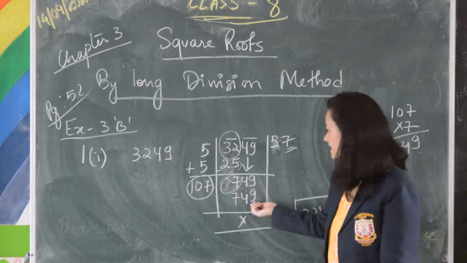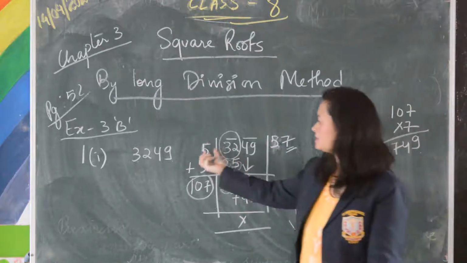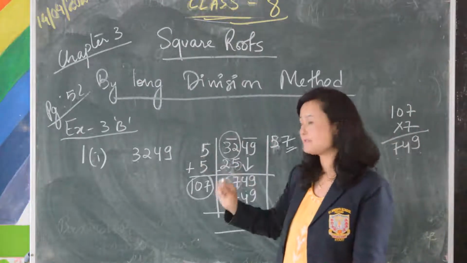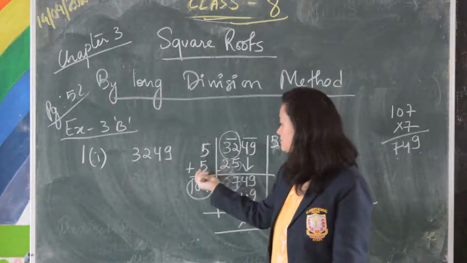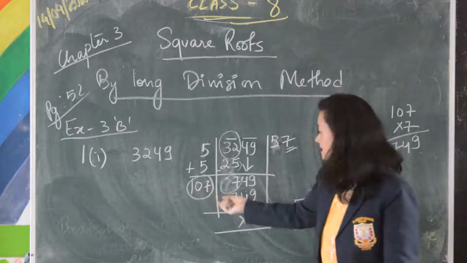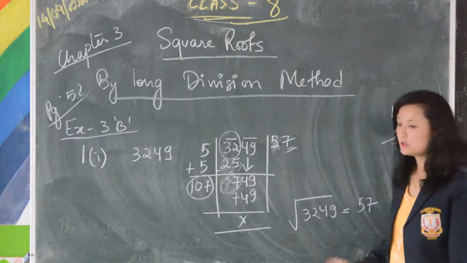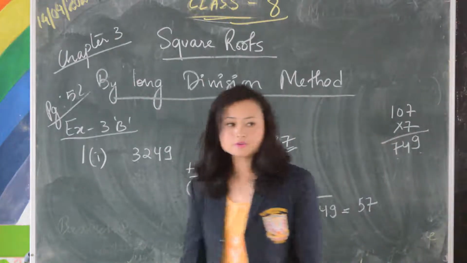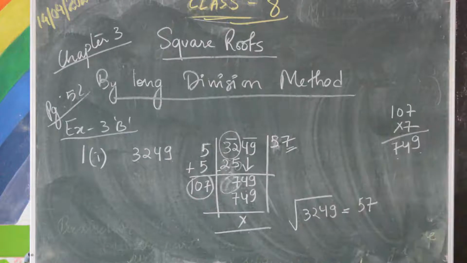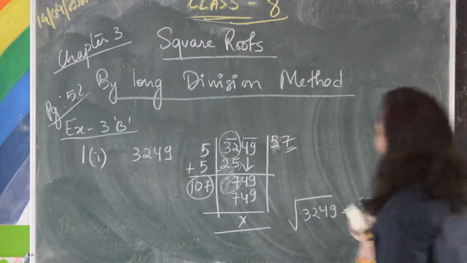So 749. And whatever number you multiply, you have to add the same number. So you get 5 plus 5, 10. And then when you multiply with 7, you get 749. If you are confused with this sum, I'll be doing a few more sums.